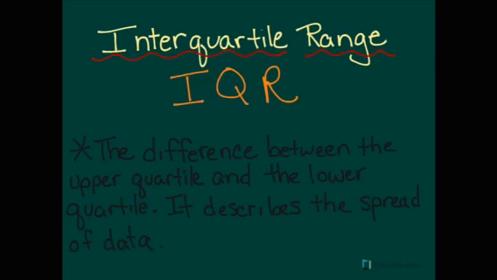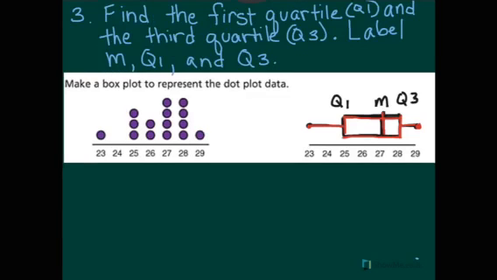It just helps to describe the spread of data. So if I come back here, I can find the IQR. It's the difference between Q3 and Q1. So basically you're going to do Q3 minus Q1.